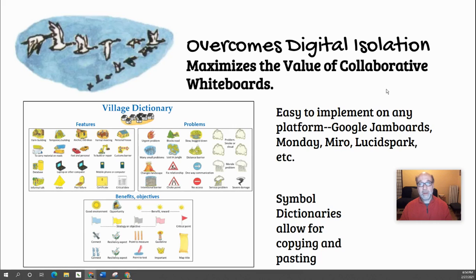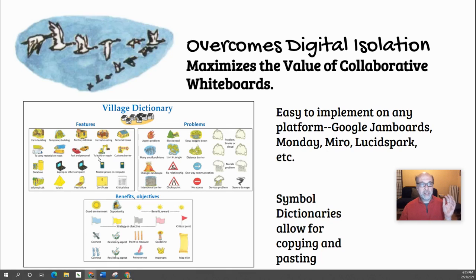So in the digital age, what metaphor mapping does is it maximizes the value of collaborative whiteboards. It works really well on something like a Google Jamboard, where people are placing their symbols, creating a map together by copying and pasting from the symbol dictionary onto the collaborative whiteboard or Jamboard. It also works with any other collaborative whiteboard process.